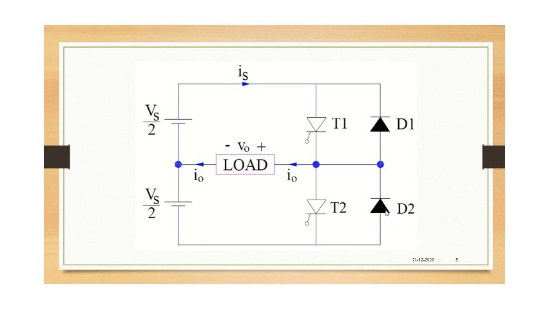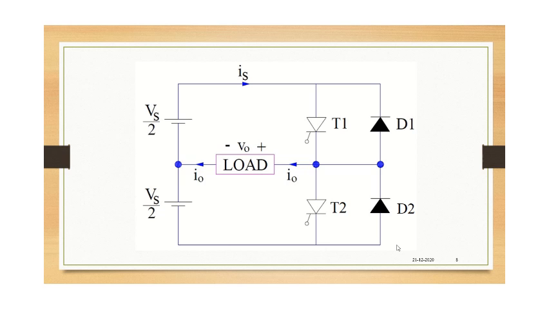Because we know that whenever the load is inductive or capacitive type, the current will lag the output voltage, right? The output current will be lagging with respect to the output voltage. That lag is what we call the damped output or the damped current flowing in the circuit. To avoid or control that, D1 and D2 will be used.